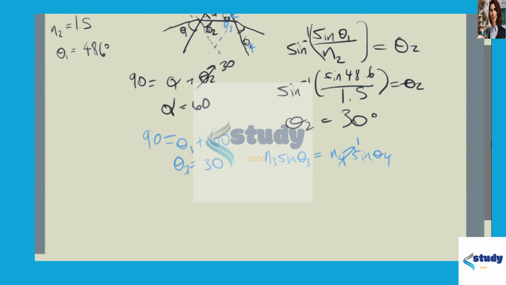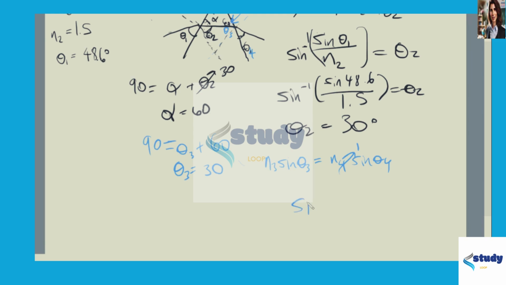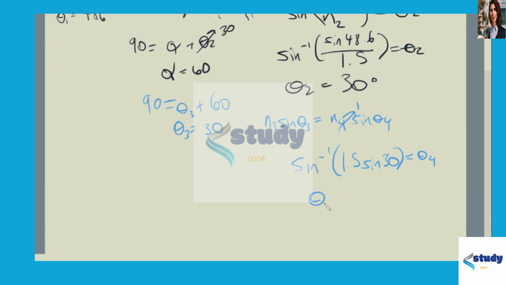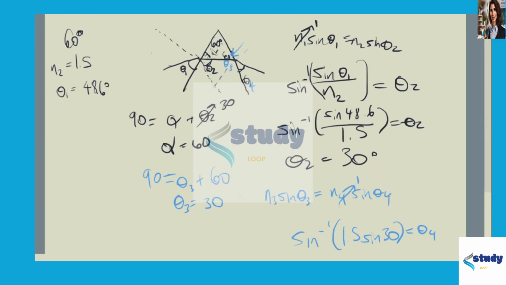So to find theta 4, we're going to have to find the inverse sine of 1.5 times sine of 30 equals theta 4. And that, of course, will give us 48.6 degrees, which is equal to theta 1. So that means that theta 4 is equal to theta 1. So that's it. We have successfully proved that the ray is symmetrical on both the entry and exit.